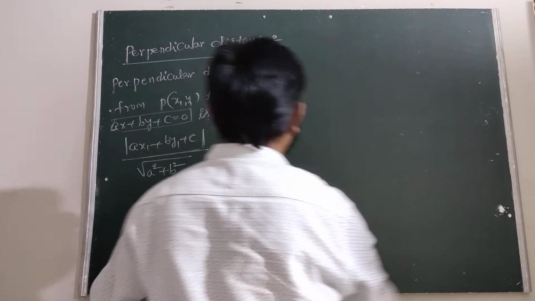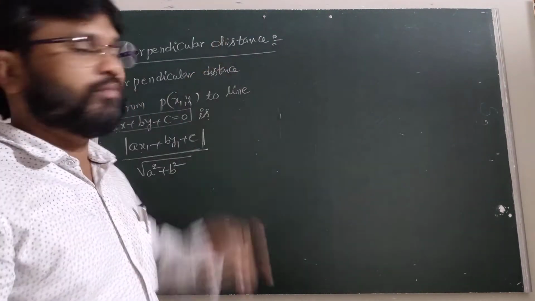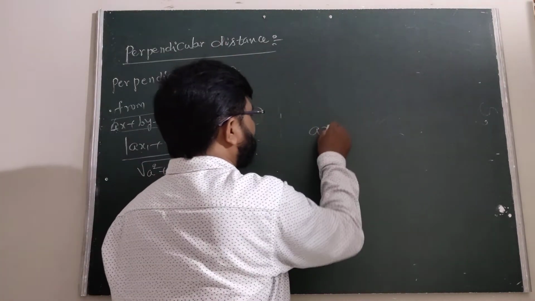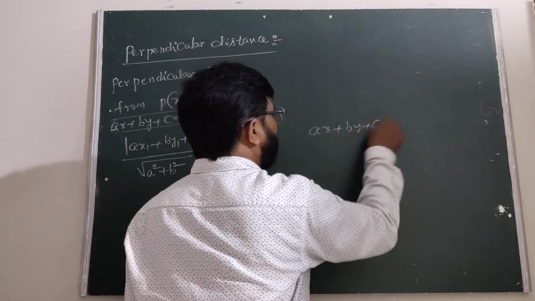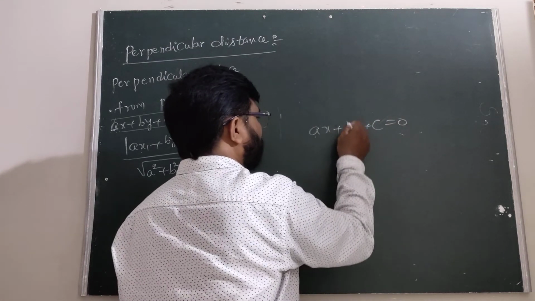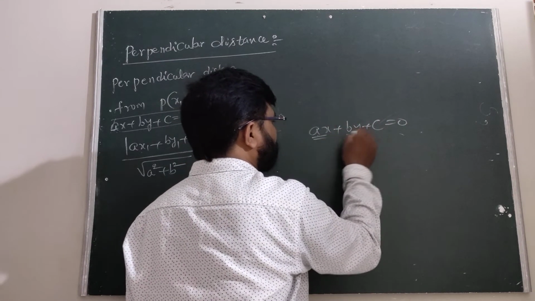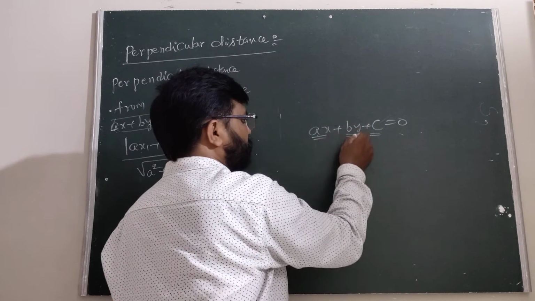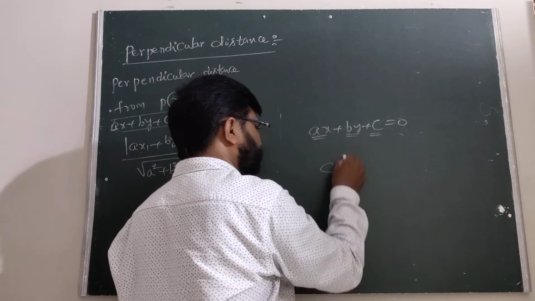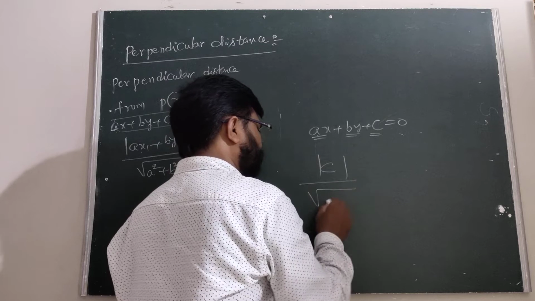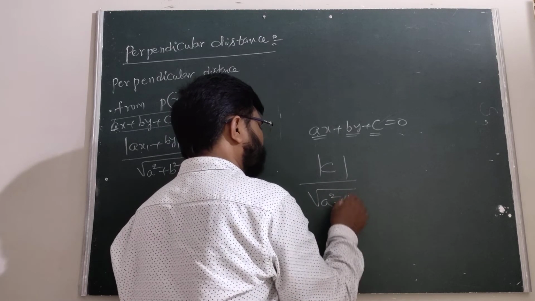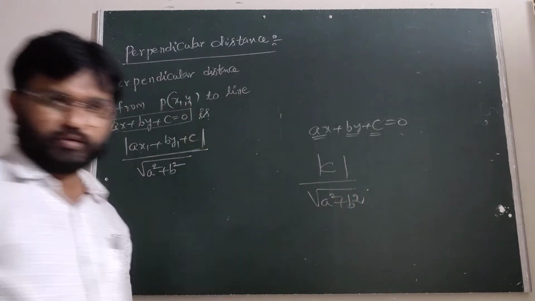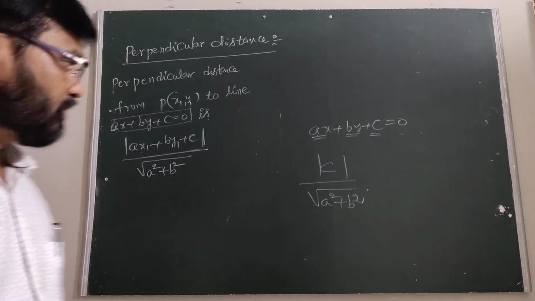But how do we know that? We know the perpendicular distance from the origin to the line ax plus by plus c equal to 0 is modulus of c by root of a square plus b square.